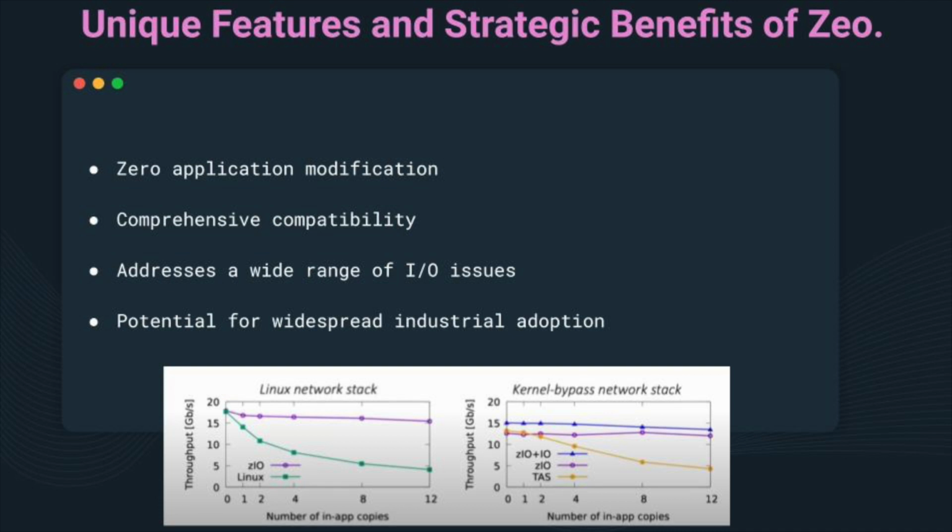It is compatible with existing applications and addresses both in-application and I/O stack copies. The comprehensive approach makes ZIO a more universally applicable solution, potentially leading to widespread adoption in various I/O-intensive applications. This compatibility extends to both in-application and I/O stack copies, making it a very versatile solution.